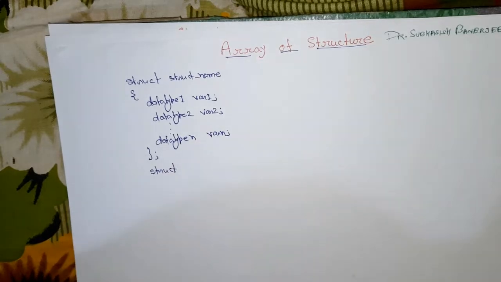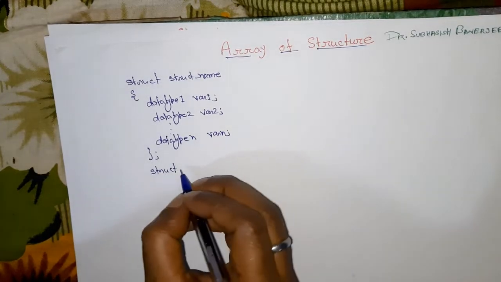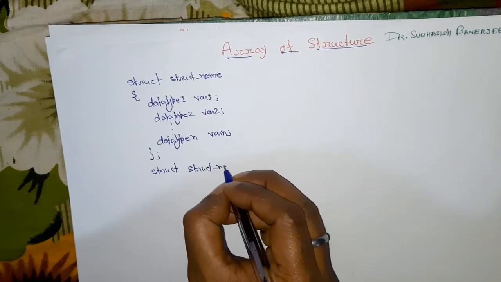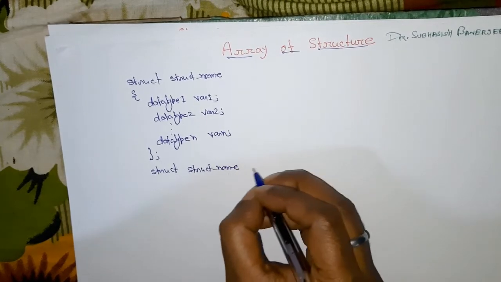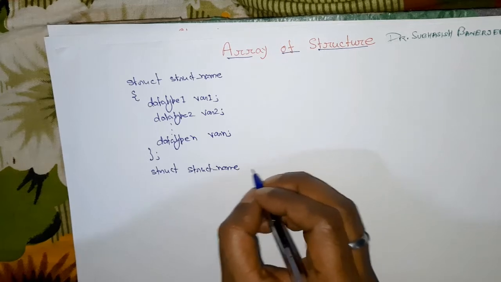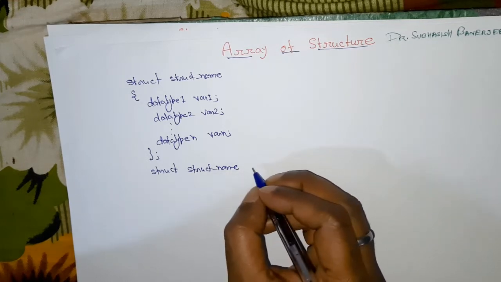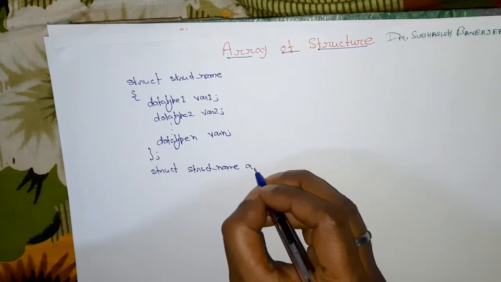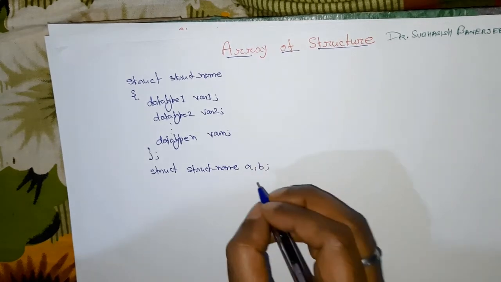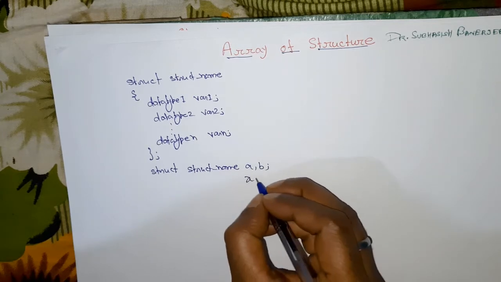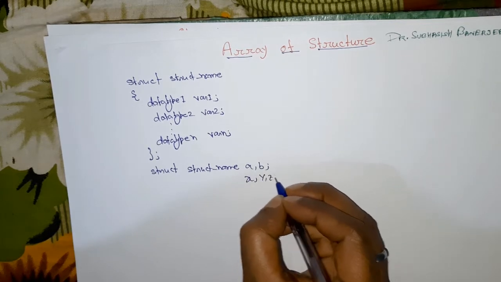So how can I declare the structure variable? struct, then struct name, and here we define the variable. In the previous lecture we saw that to store the record of 2 students we defined 2 variables, let's say a and b. Or to store the record of 3 students, we declare 3 variable names, let's say x, y, z, like that.